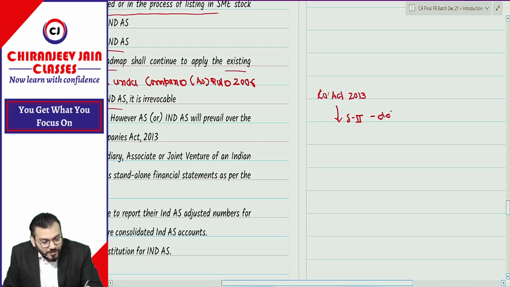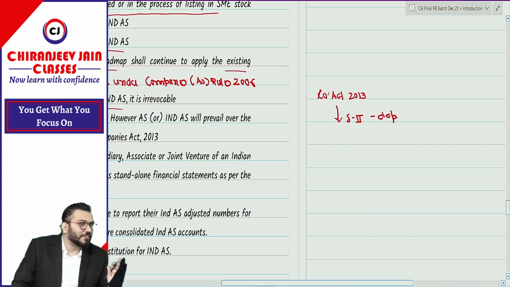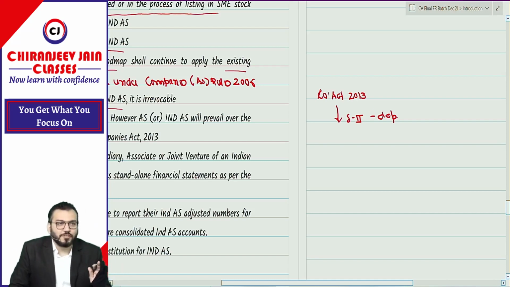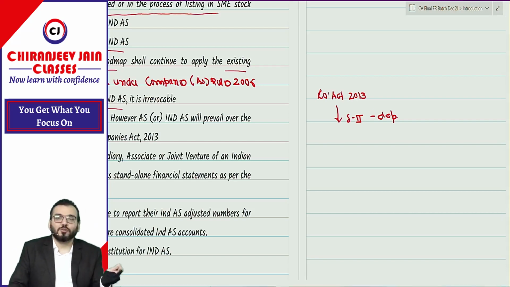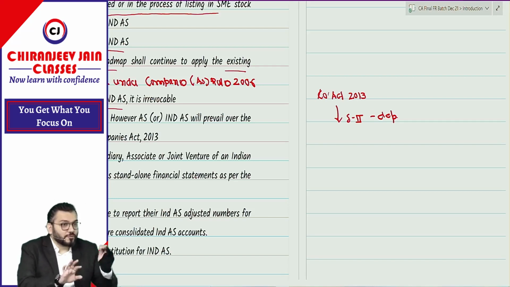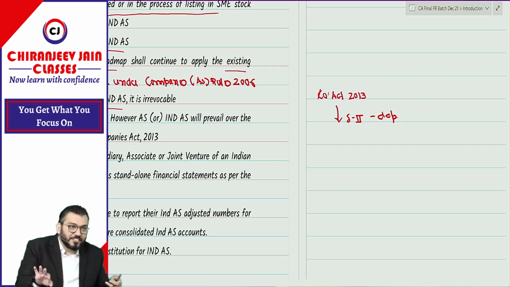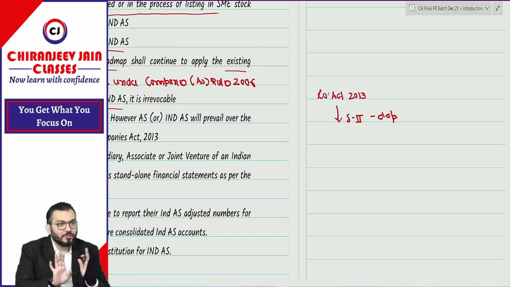Very good. Means someone knows about Schedule 2. Don't know from where you are taking the useful life. So Schedule 2 has given the useful life for various assets for calculating what? Depreciation. Correct? So Schedule 2 you know.